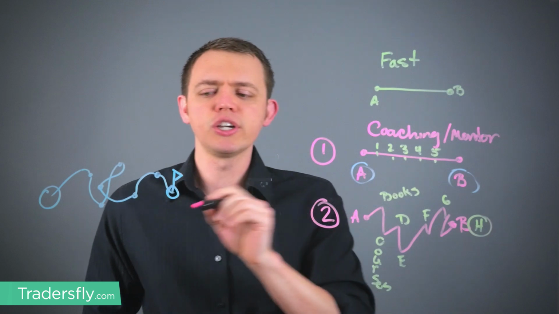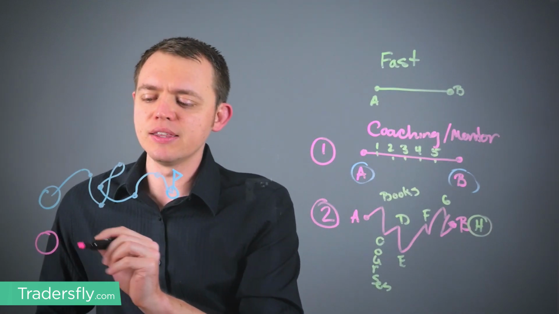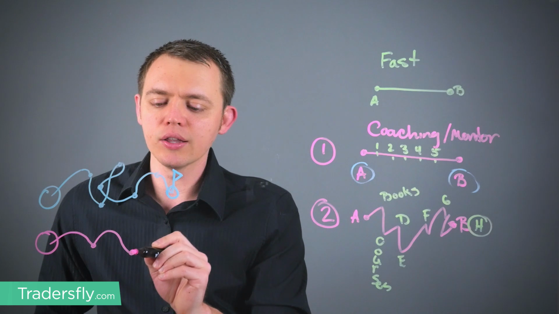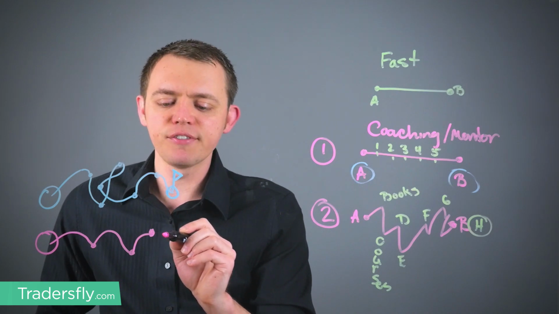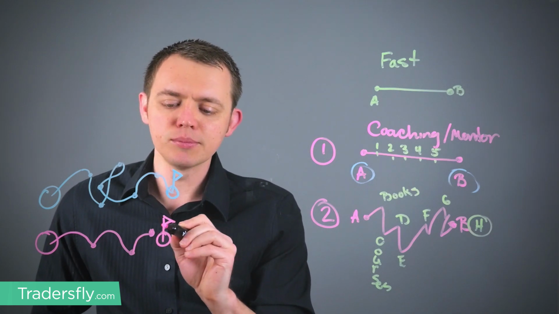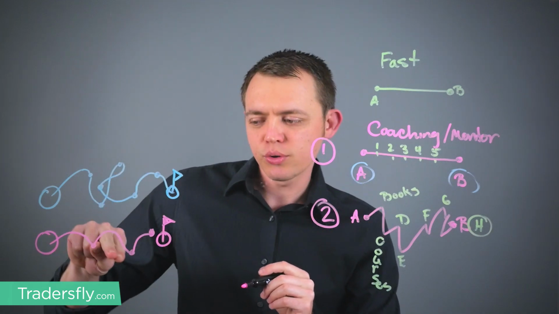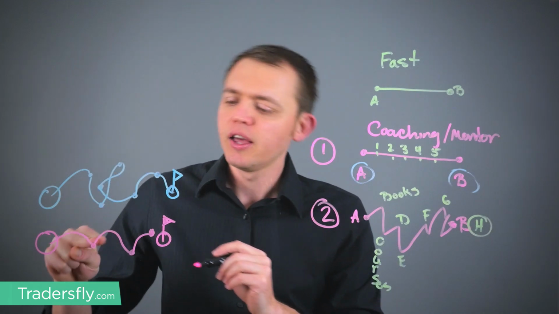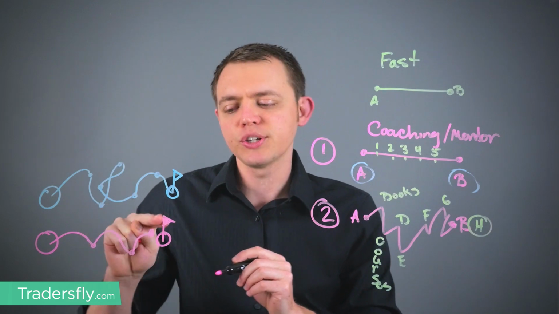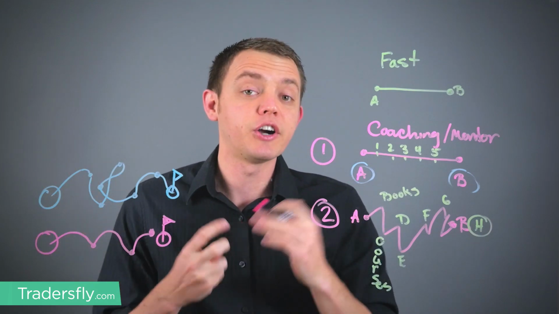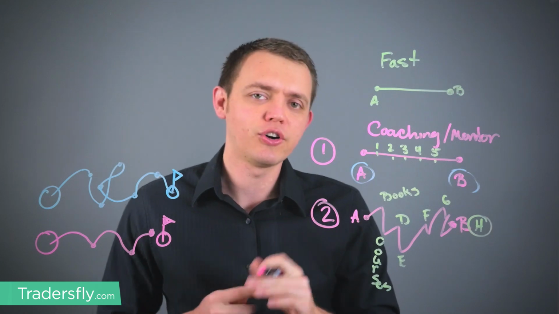Now, even with coaching and mentorship, you still might not be there in a straight line, but it might give you a little bit less variation when it comes to moving in the wrong direction. So you might do a few things that are a little bit different, and you go a little bit in another direction, but you're kind of moving in that direction rather than in a variation where you're looking to do it all on your own.